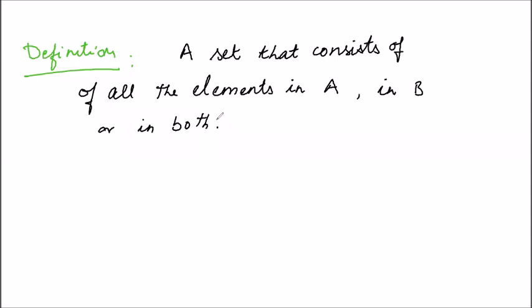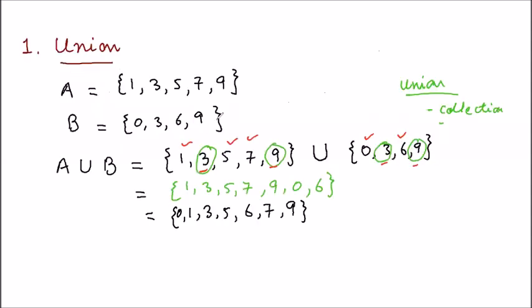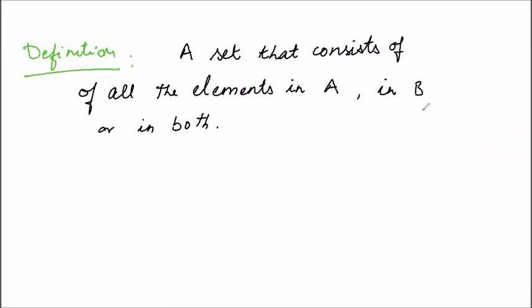Now, as you have seen in this question, there are three types of elements. Elements which are present in A set, elements which are present in B set, and all the elements which are present in both the sets. So the definition is the same. A set that consists of all the elements in A, in B, or in both.